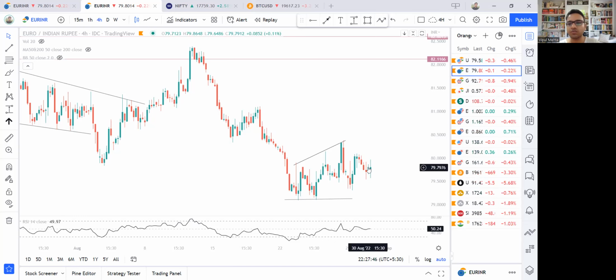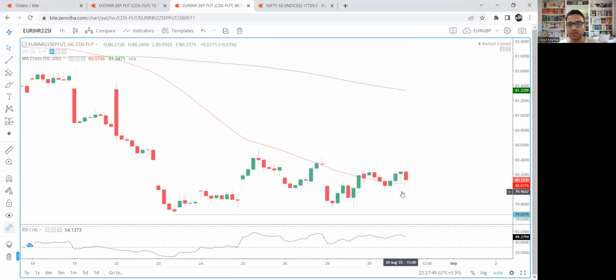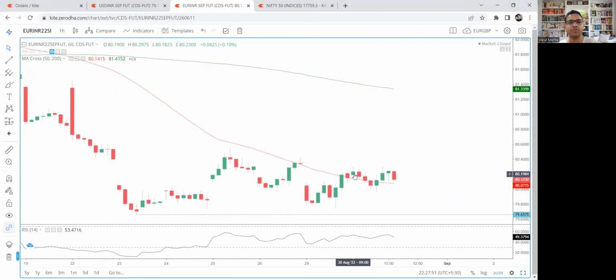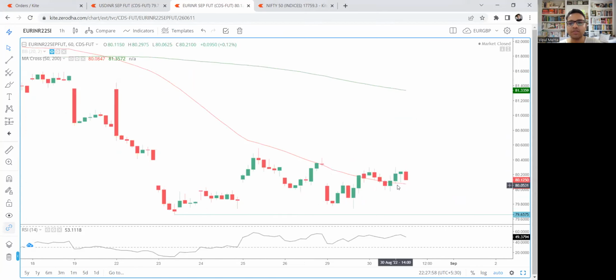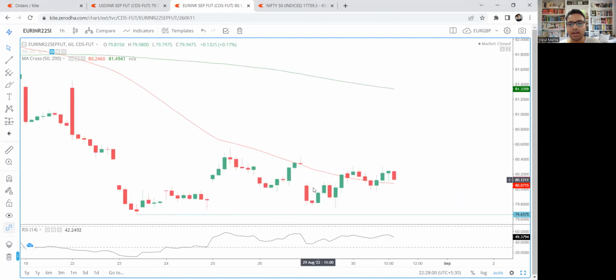In fact, this is also visible if we open the hourly chart here of euro INR futures. So this is where we opened today, 9 a.m. Okay, we were looking at this red line, which is the 50 moving average on the hourly time frame, and I mentioned that this was a selling opportunity after this particular candle. If the morning candle was somewhere close to it, I would have gotten an opportunity to sell.